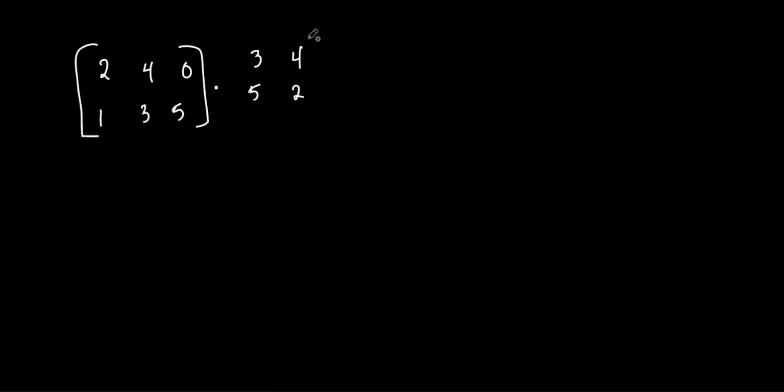A times B. So we've got 2, 4, 0, 1, 3, 5. This is matrix A, and I'm going to multiply it by matrix B. So this is 3, 4, 5, 2, 1, 0.